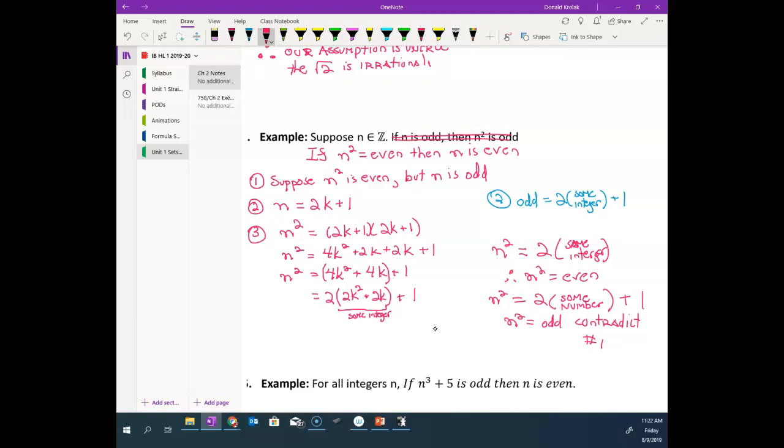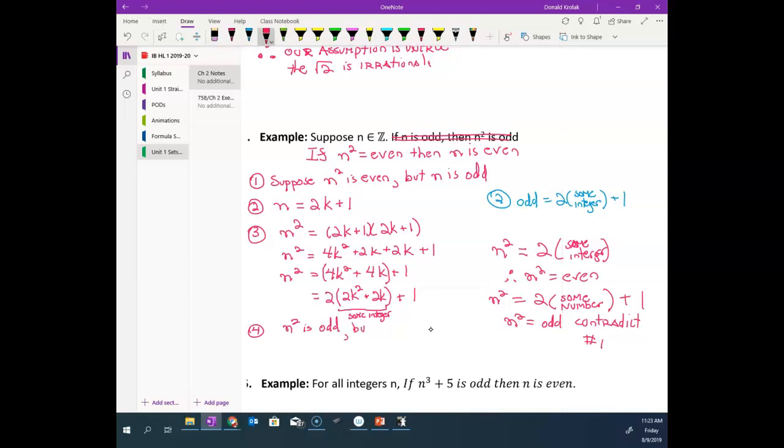So what this allows me to conclude is n squared is odd, because I can write it in the form of an odd number. Well, if it's odd, that contradicts our original statement that it has to be even. Okay?